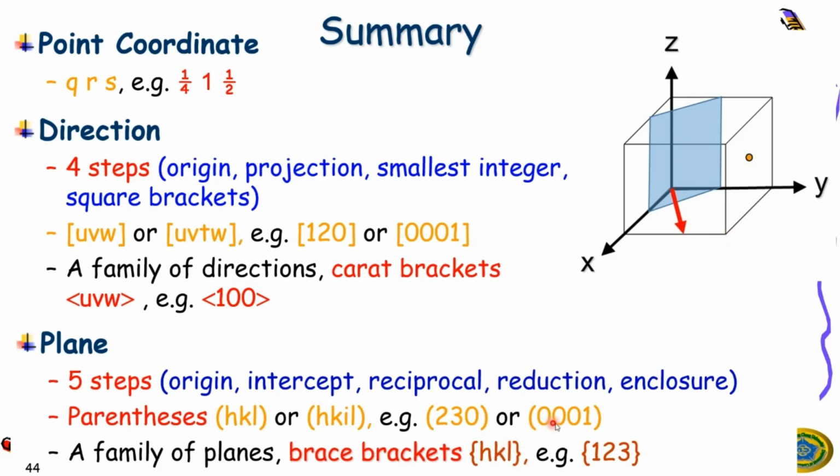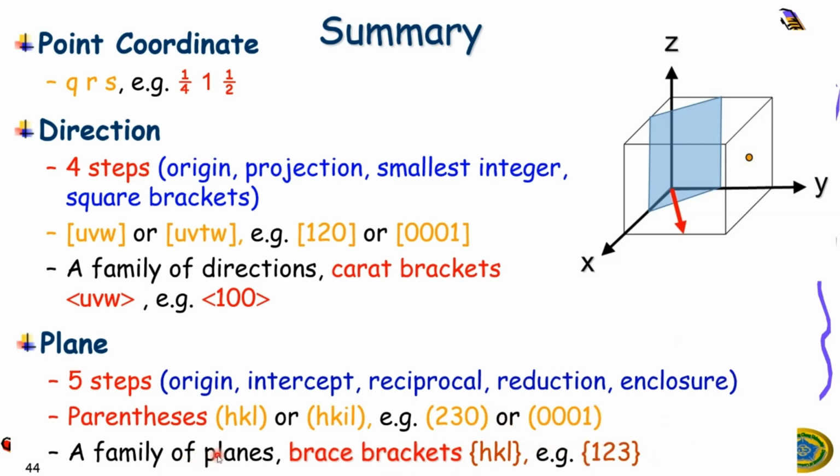And also this 1 0 0 0 1 in parentheses is for the hexagonal structure, right? You have 4 axes, A1, A2, A3, and then Z. You use these 4 numbers to represent the plane in the hexagonal unit cell. And we are going to talk about this today, very soon.